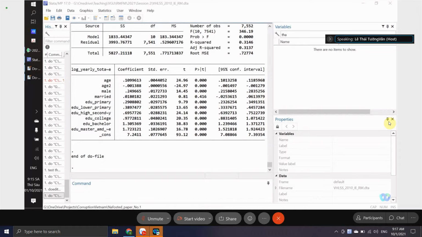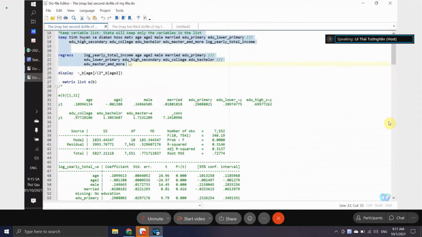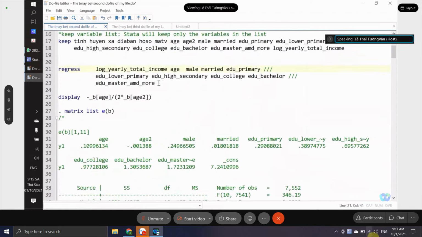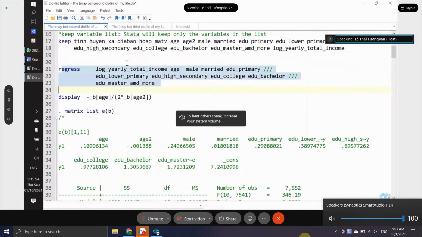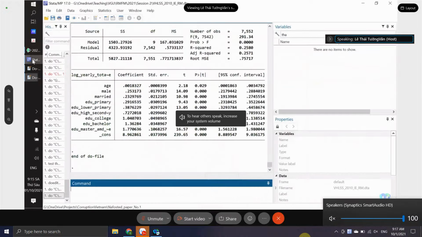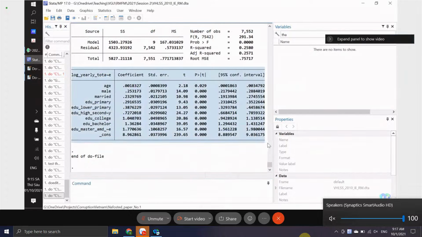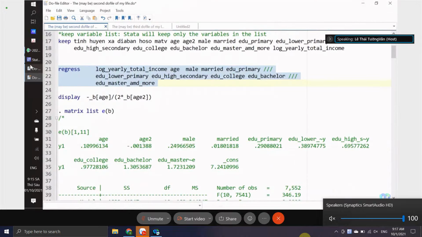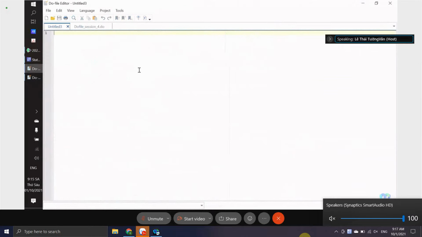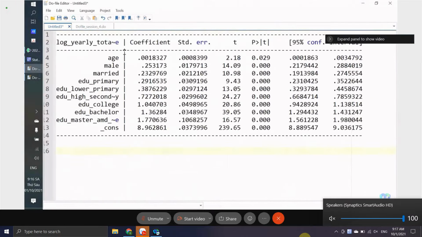If we only include the variable h, for the sake of demonstration, now I will remove the variable h square. So the regression no longer has the variable h square, and you may see that the estimate seems to be okay, right? It is still positive and significant at the 5% level.